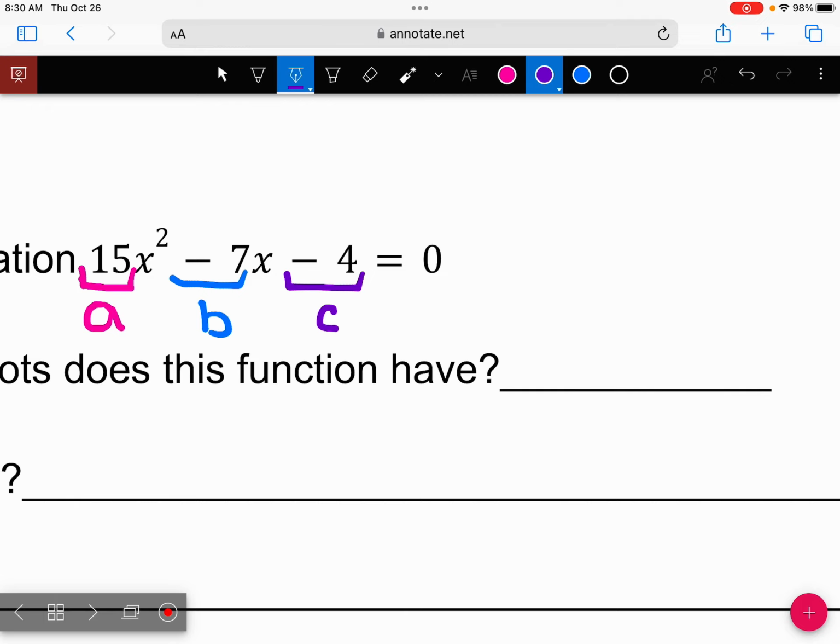It's not going to be pleasant because, like I said, in the x frame, a times c is 60 and b is 7. So it would need to multiply to make negative 60 and add to make 7, which is gross. I can't, off the top of my head, think of what it's going to be. 60 has about a gazillion factors. So you could factor this, I just don't know what those numbers are going to be.